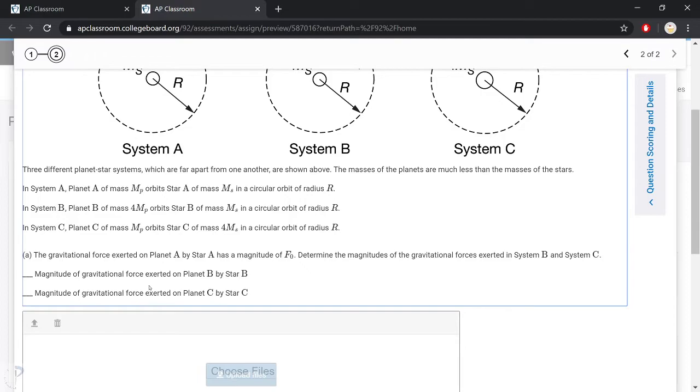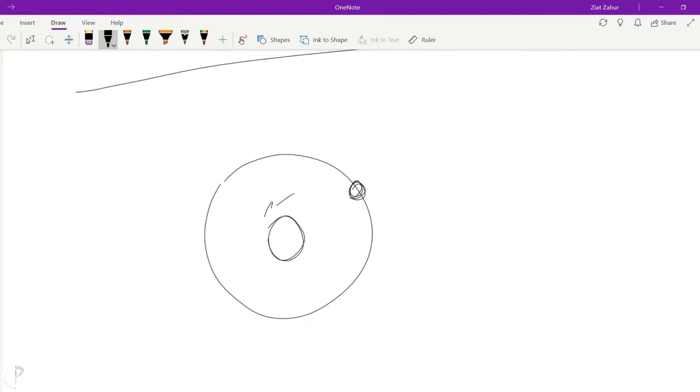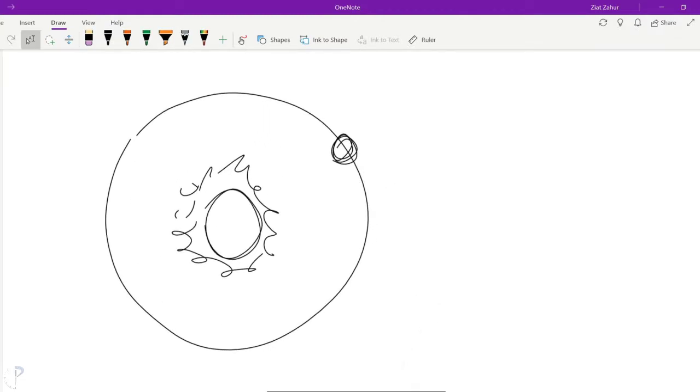Okay, so the magnitude of the gravitational force exerted on planet B by star B. So let's talk about gravity. Recall that this is F capital G, which is G m1 m2 over r squared. That's our general equation.